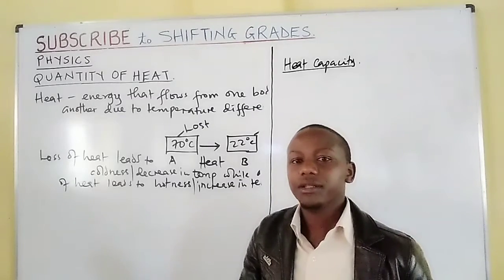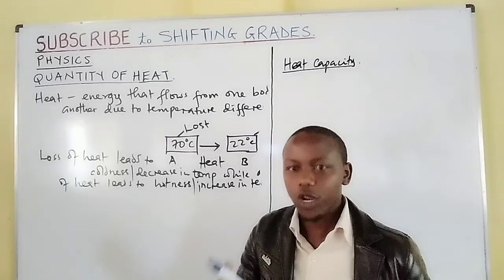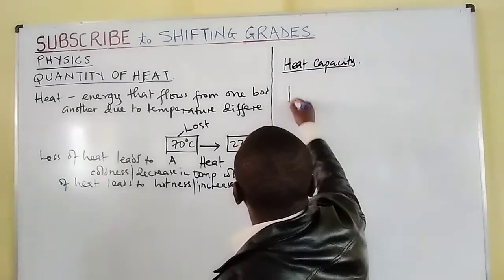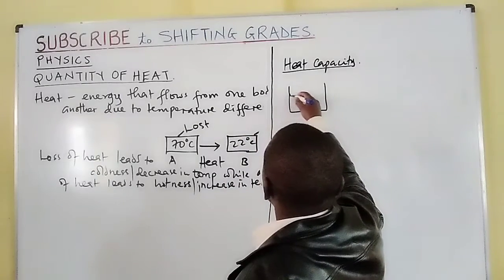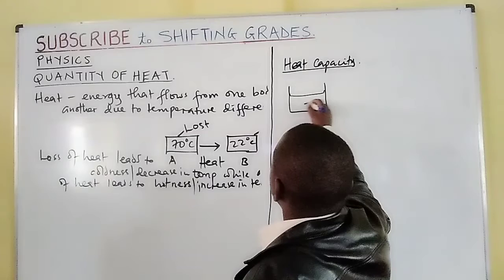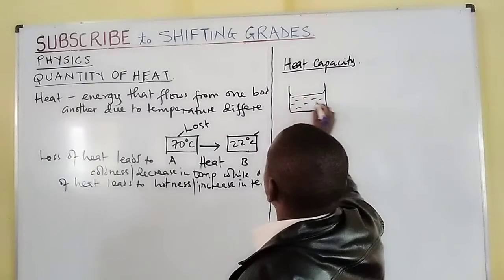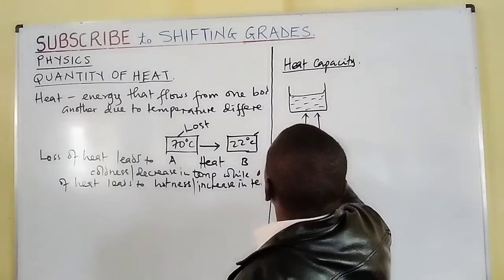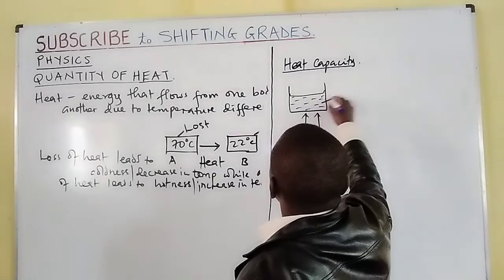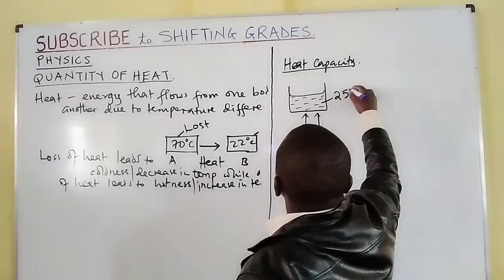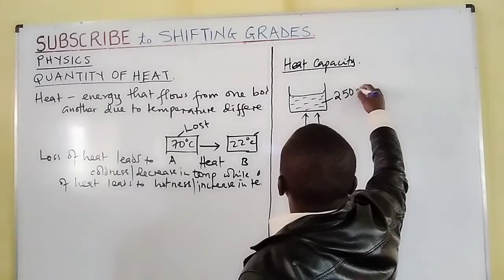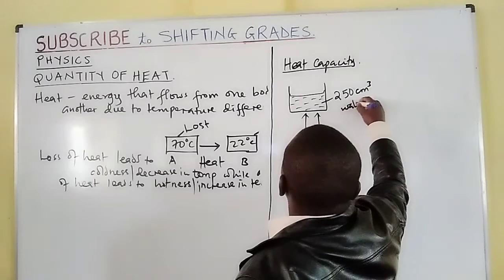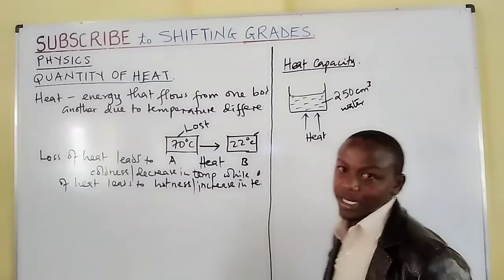When you boil water in a beaker, let's say we're boiling here, this is 250 cubic centimeters of water.